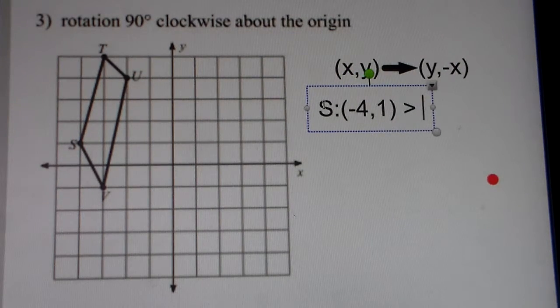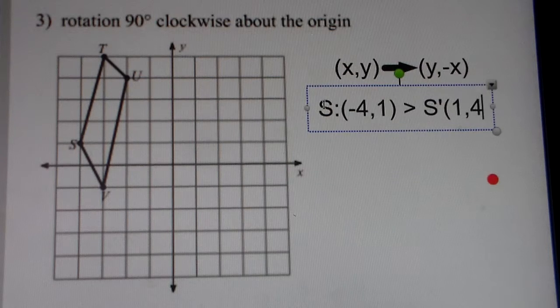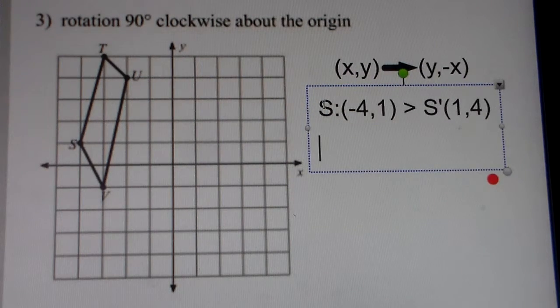And S prime will then be, well, we flip it. The y now comes first, so I put a 1 there. Comma, then -x. That means we change the sign of -4, which turns into +4. So that's my S and S prime.